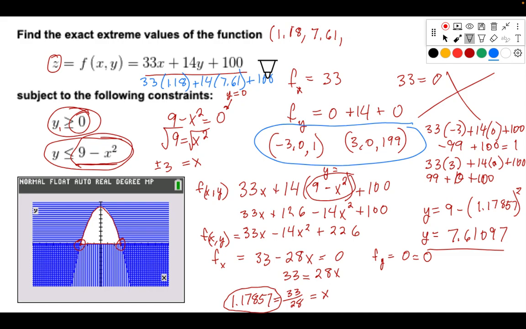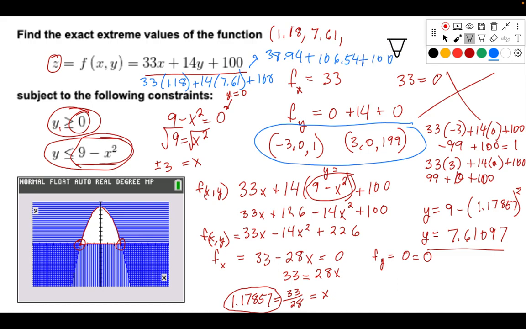And then 33 times 1.18 is 38.94. 14 times 7.61 is 106.54, plus 100.